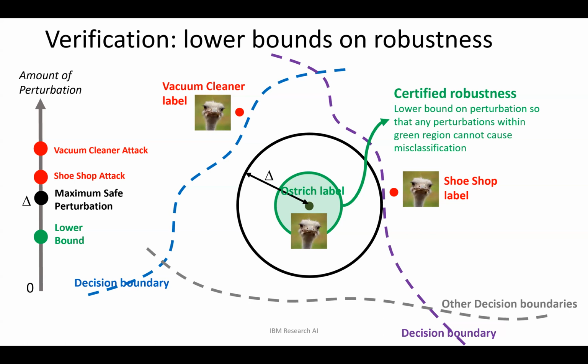So it provides a lower bound on the minimum perturbation required to flip the label. Because of this different notion of lower bound and upper bound, some applications will require certifying some level of lower bound, while some applications simply require finding one successful adversarial example as a counterexample to show the model is not robust enough.